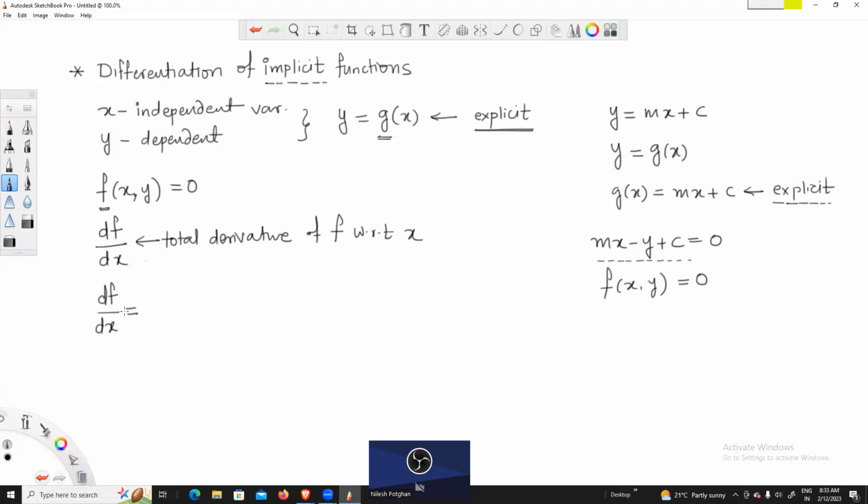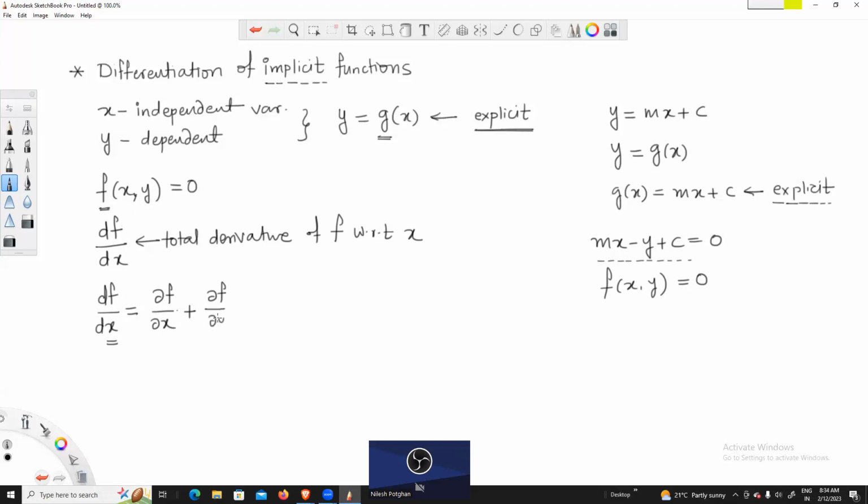And how do we go about that? This is a total differentiation with respect to x, so I have to consider partial differentiation of f with respect to x and y. This I can write as del f over del x, the partial differentiation with respect to x, into dx upon dx, but that would be 1, plus, at the same time, I need to consider the dependence of function f on y.